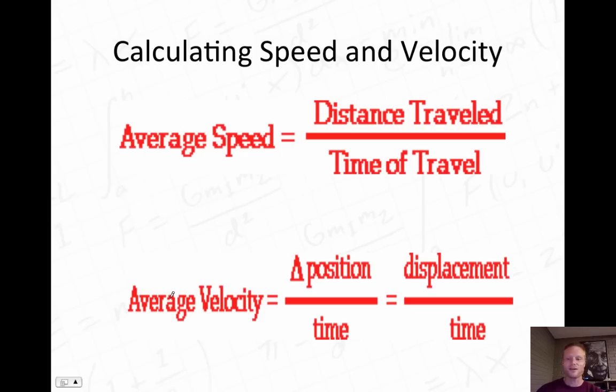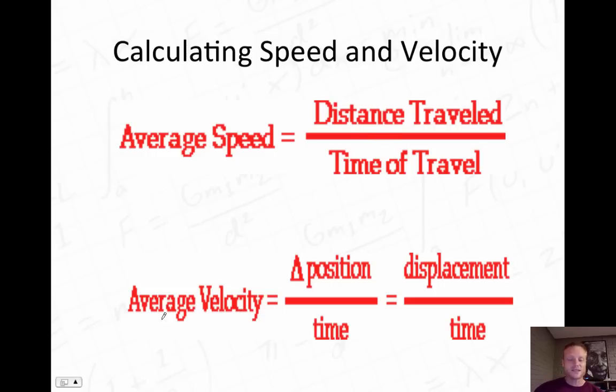And here they are. Wow, it's like I almost made these slides. So how do you calculate speed and velocity? Speed is the distance traveled divided by the time. Notice distance is not a vector quantity, it's a scalar, and that's why speed is also a scalar quantity.